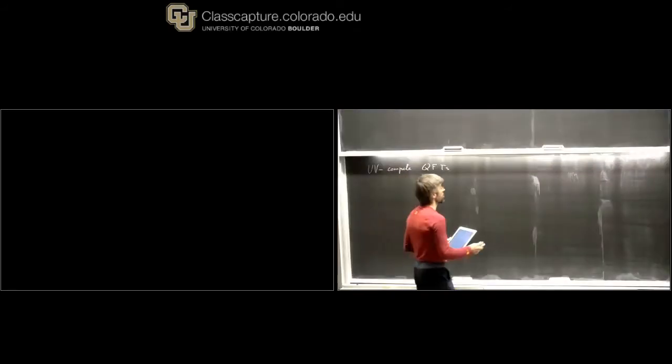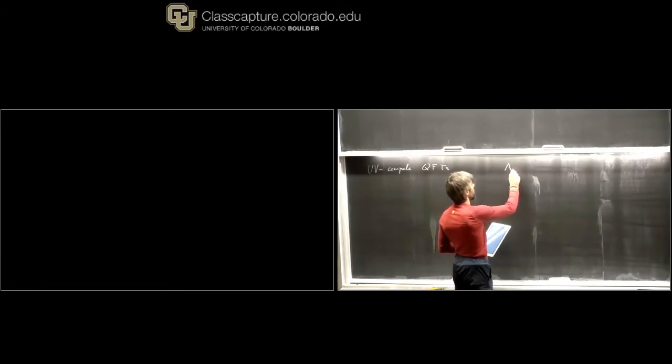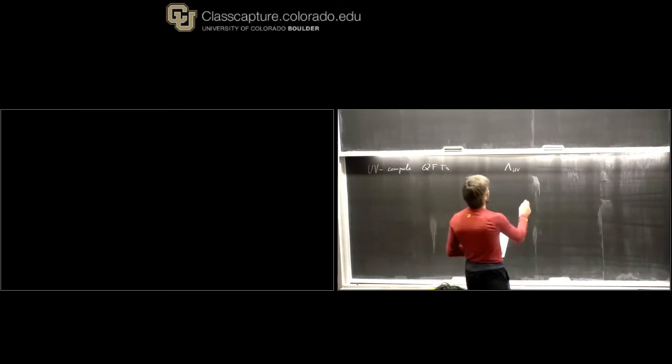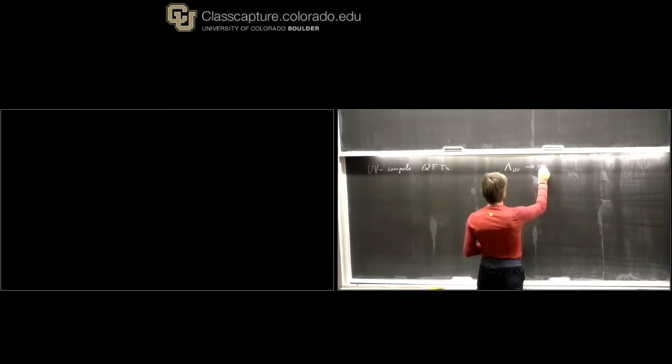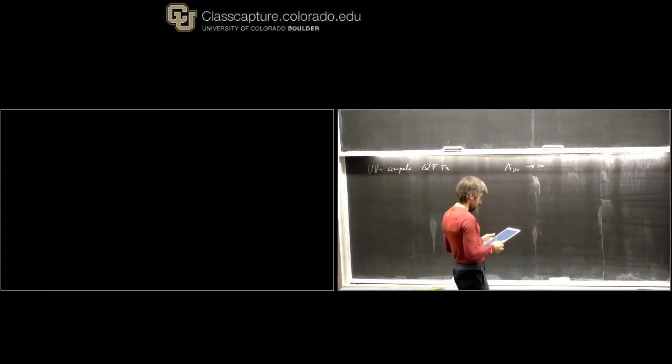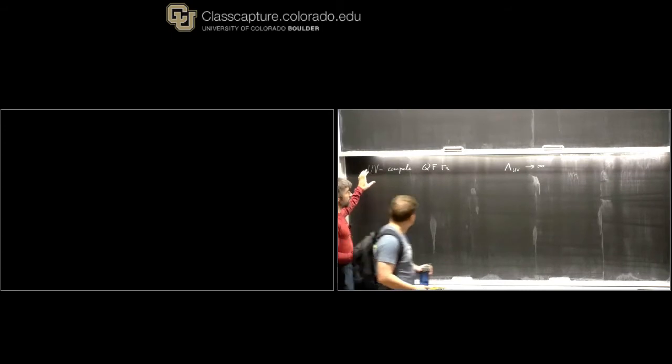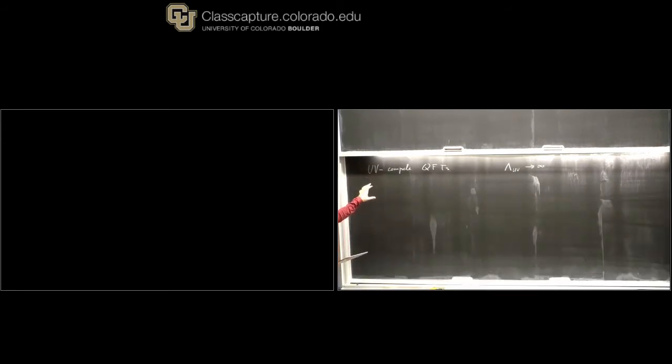It means that whatever cutoff we might have had at intermediate stages when we were trying to define our theory, we sent it to infinity. So these are supposed to be nice mathematical objects, idealized objects.